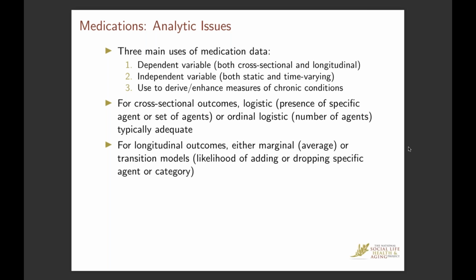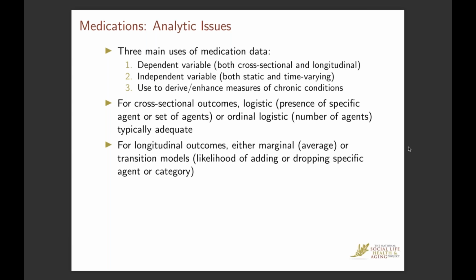For cross-sectional outcomes, the analysis of the medication data is fairly straightforward, partly because of the lack of missing data, but partly also because we tend to treat these as though they're objective measures without error. They're, as Dima mentioned, recorded from the medication bottle by the interviewer. So we expect that there's very little, if any, measurement error here. And so for cross-sectional outcomes, many of these analyses revert to either a logistic or an ordinal logistic regression model.